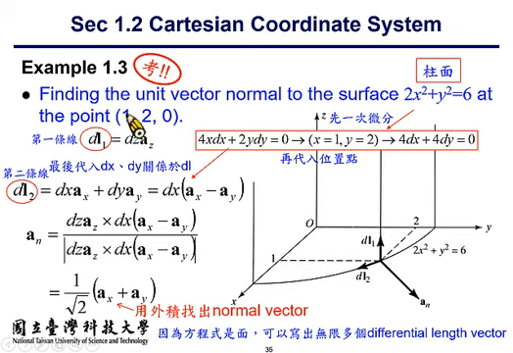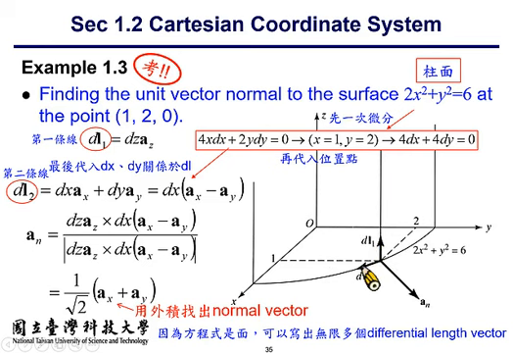All right, and in the previous slide we told you that once you have two differential lengths that are tangential to the surface, as the figure suggests, you have dl1, which begins from this point, that is (1, 2, 0) on the plot.